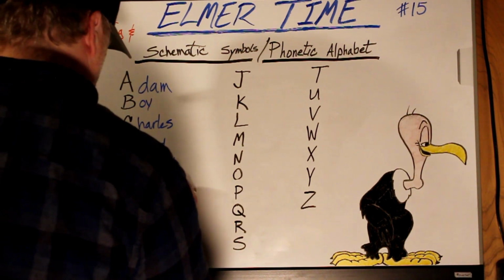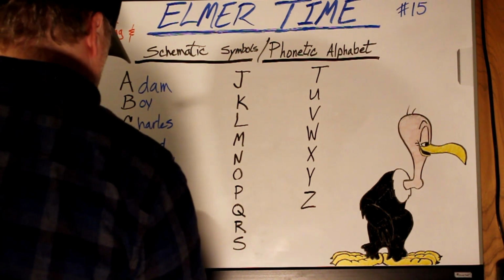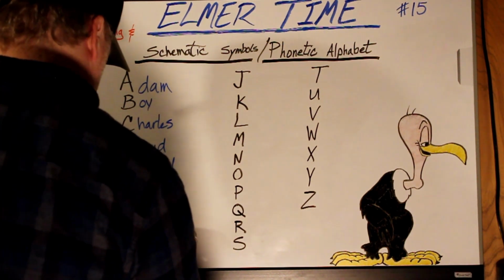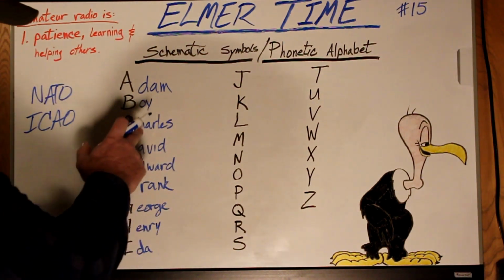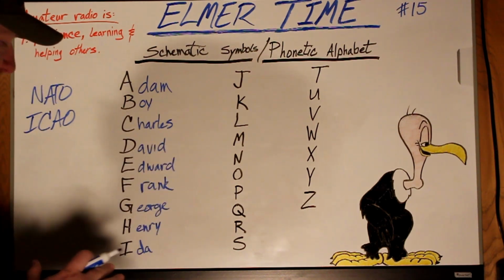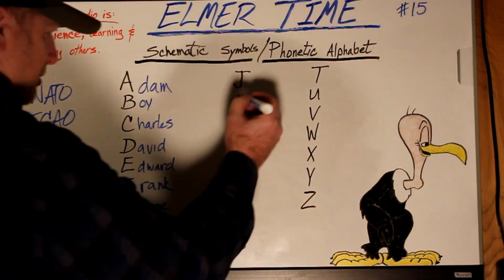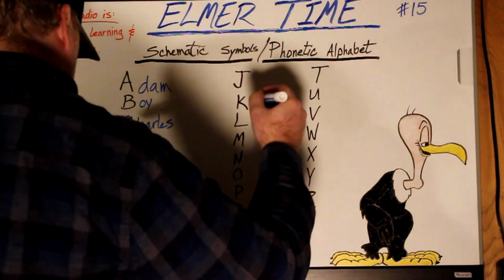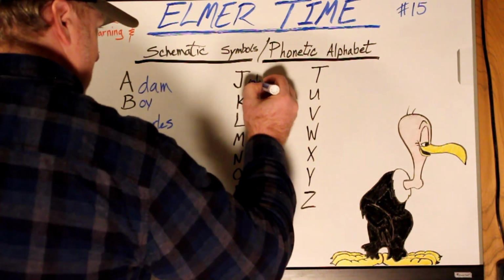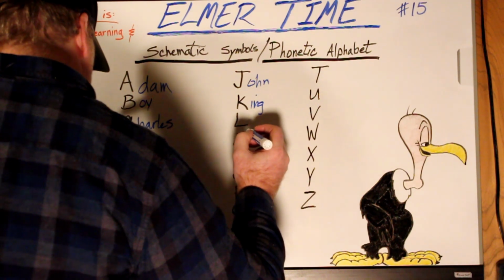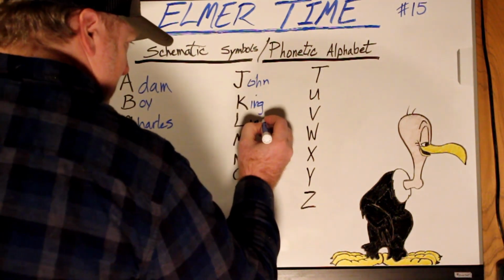You can kind of see where I'm going with this here. I can keep going. Adam, Boy, Charles, David, Edward, Frank, George, Henrietta. I can keep going here. Nora, Ocean. Anyway. It's Ida, what would be Ida, John, King, Lincoln, Mary.